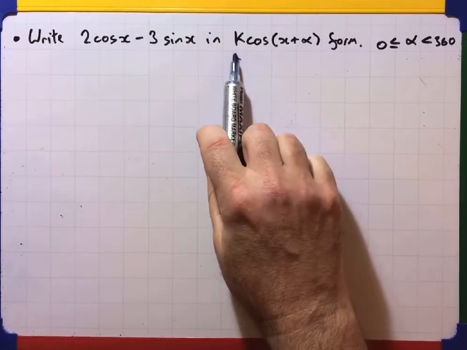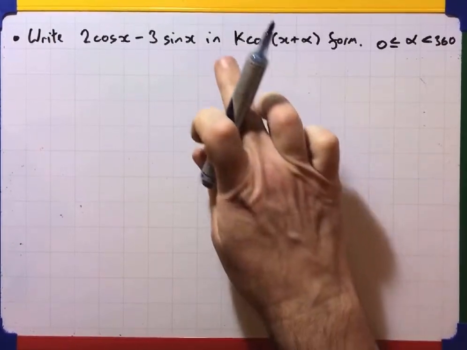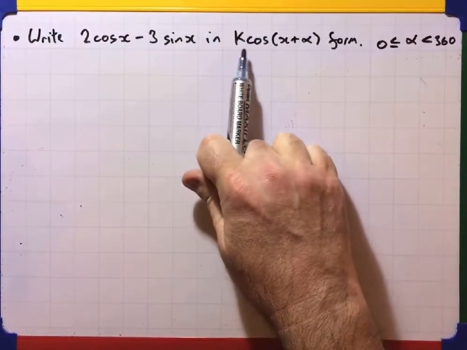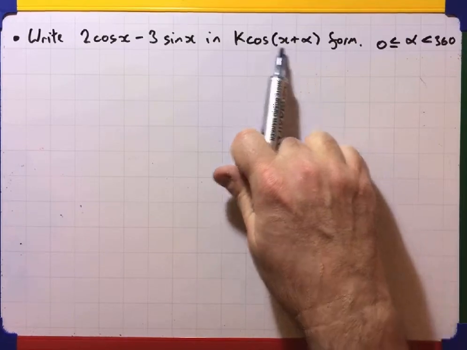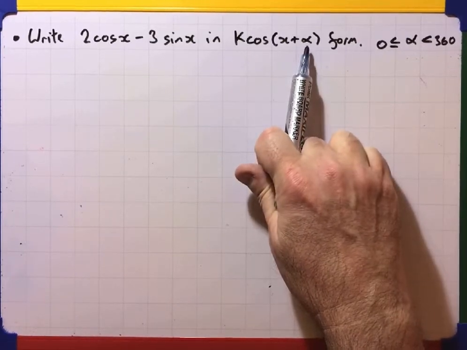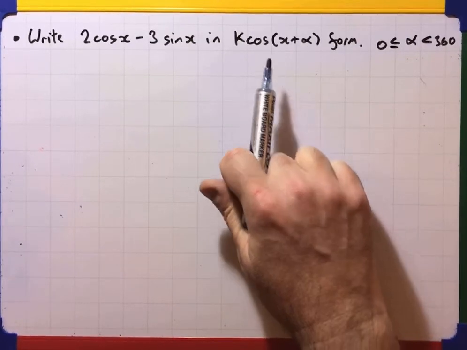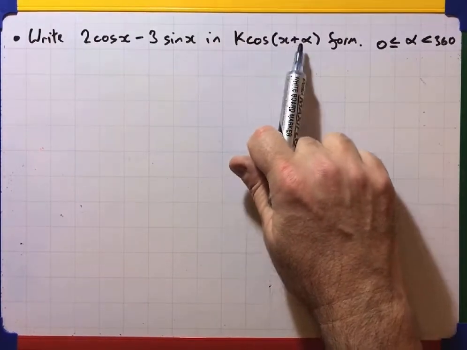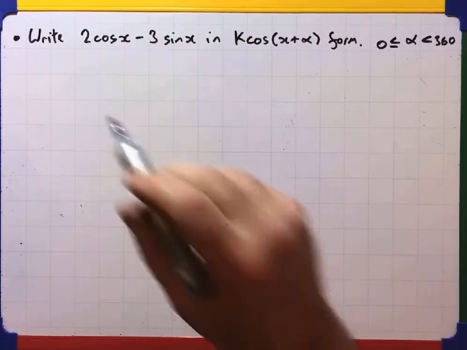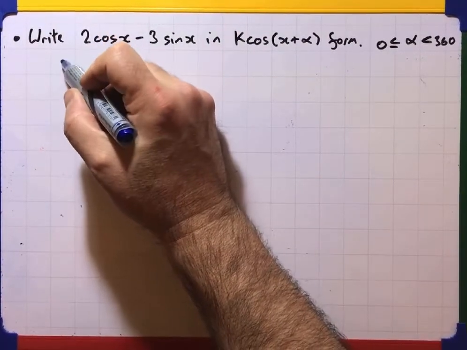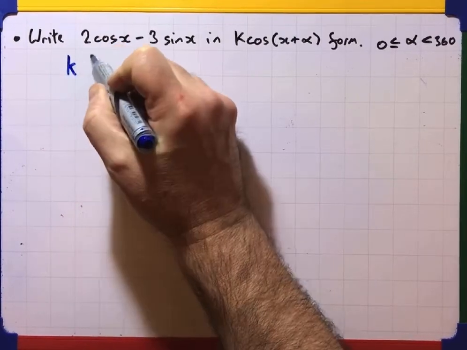Okay, what we're going to start off by doing is look at this expression here, which is what we want to turn it into, and we're going to expand it. We're going to look at the cos(x + alpha) bit. So, I'll just put the k on the outside.